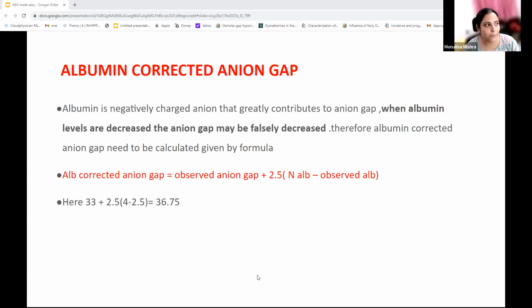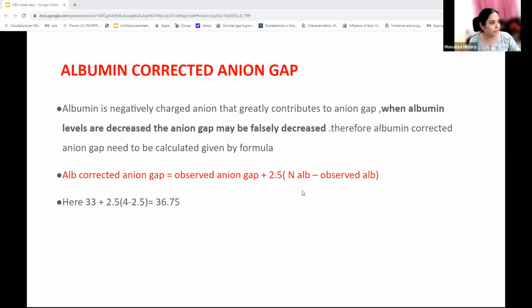Now, anion gap, you have to always look into it after checking the albumin level, because when the albumin is low, the anion gap can be falsely low. So how do you calculate the albumin-corrected anion gap? The actual corrected anion gap is equal to the observed anion gap plus 2.5 into normal albumin minus observed albumin.